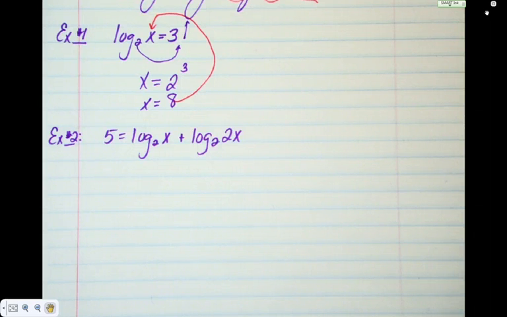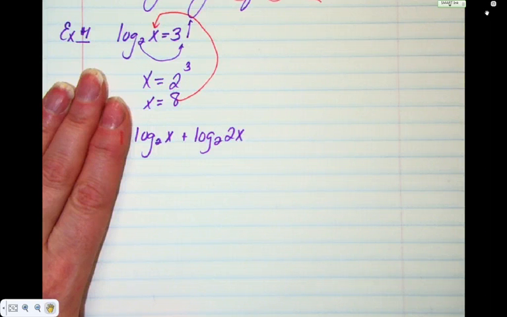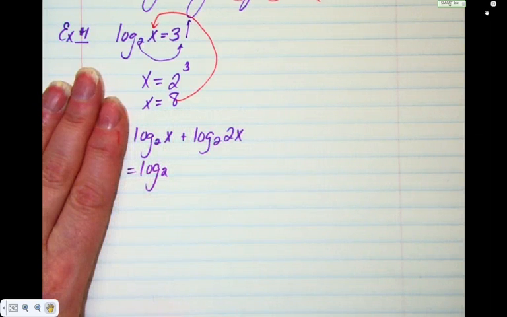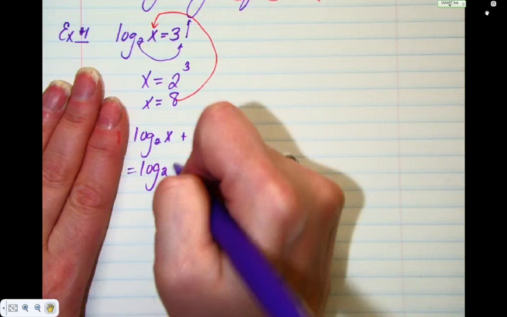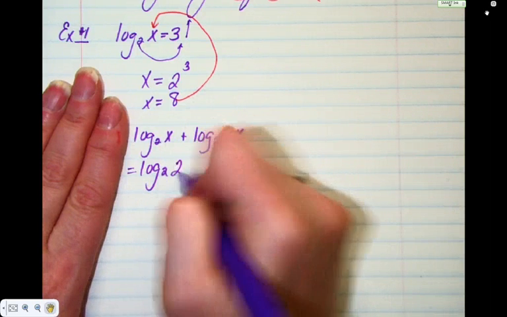Simplify using log laws. The homework the past couple days just looked like this, without the equal sign or the right-hand side. So how do we simplify it? Yeah, adding becomes multiplying. So we're going to smush this down into 1 log base 2 of 2x times x, which is 2x squared.